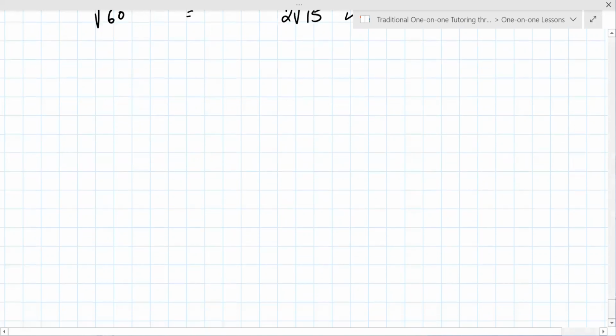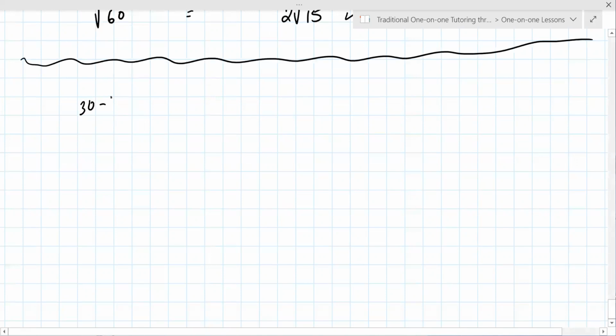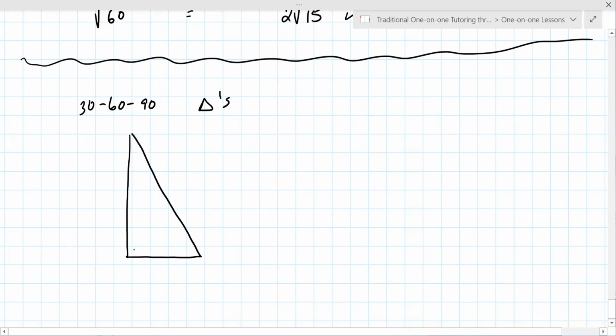Okay, so let's move our attention to 30, 60, 90 triangles. And these are a little bit different. They're more involved. There's what's referred to as a short leg, the smaller leg, the long leg, and the hypotenuse.